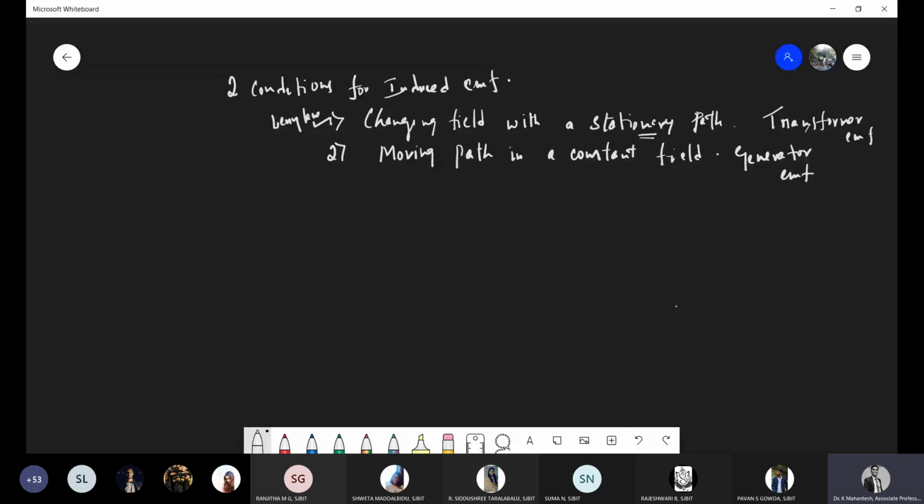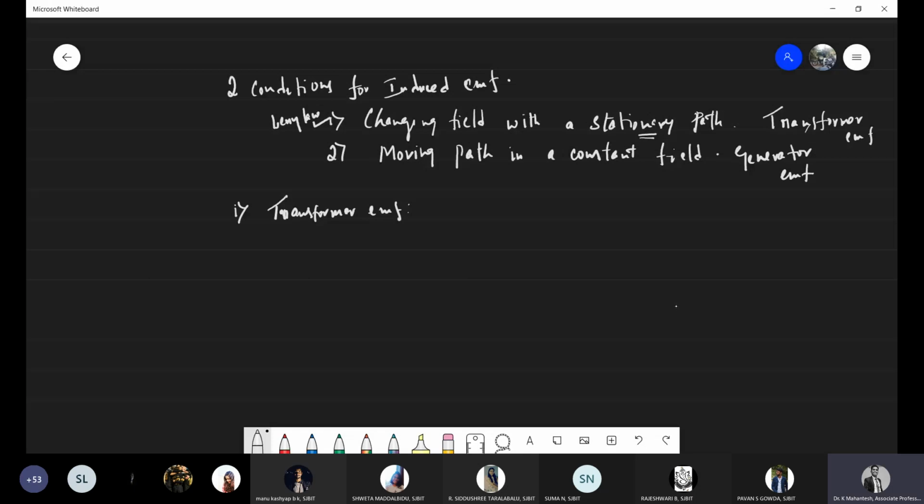Again, we'll take up these issues one by one. We know that if the path is stationary and the field is varying, we call it transformer EMF.